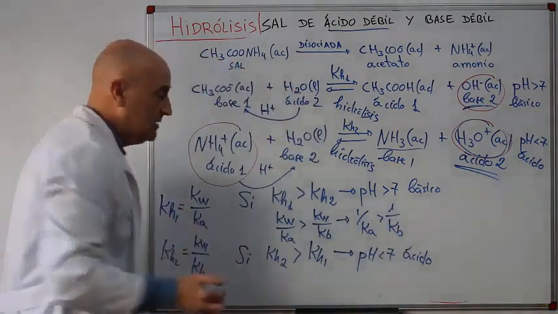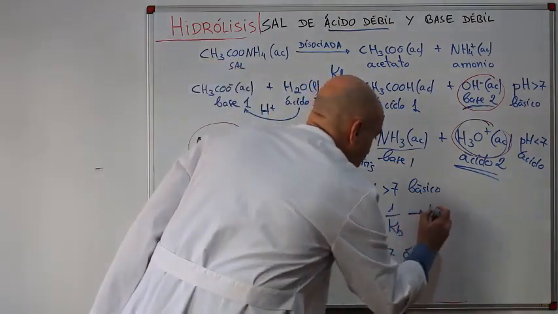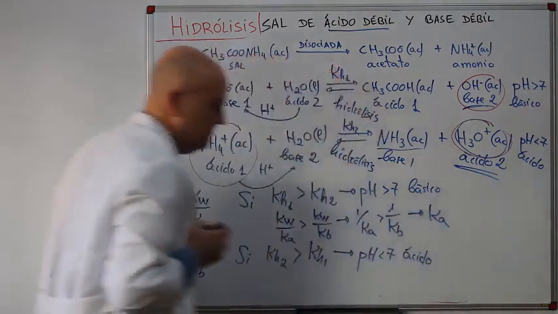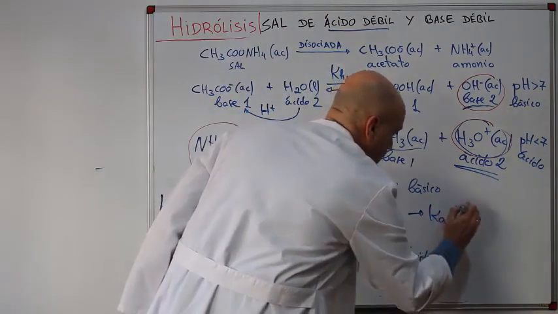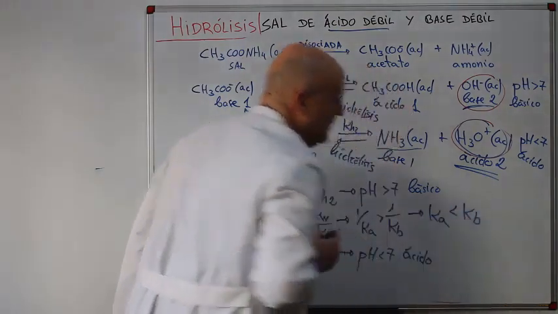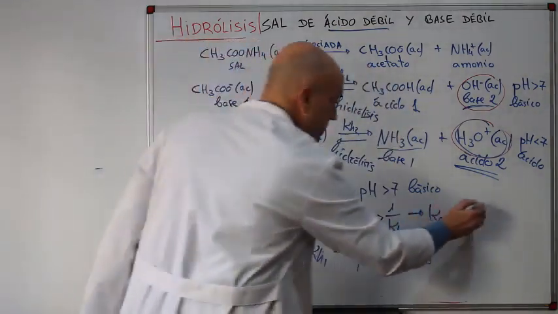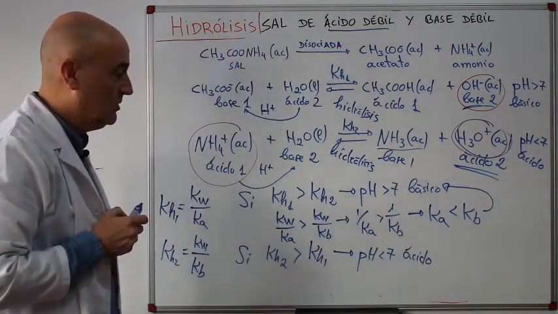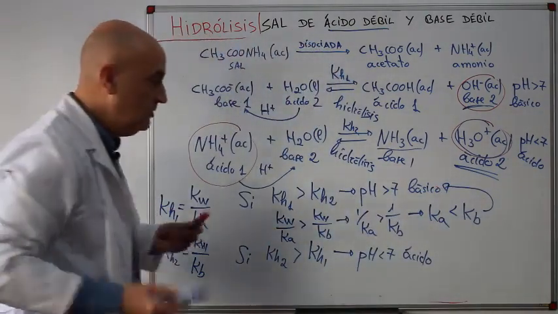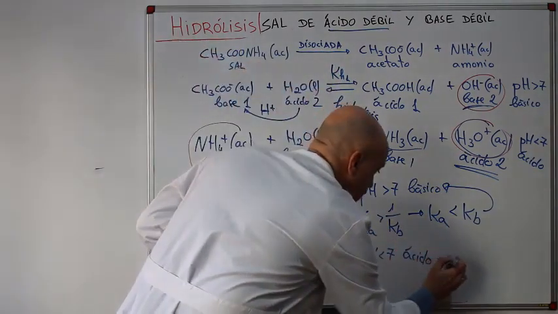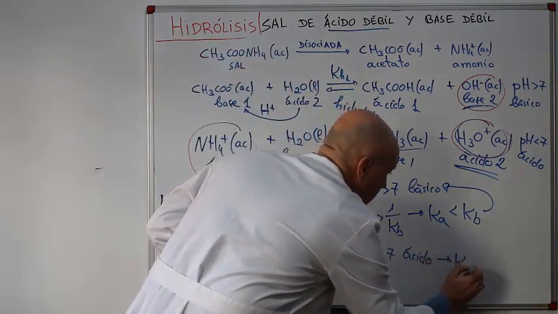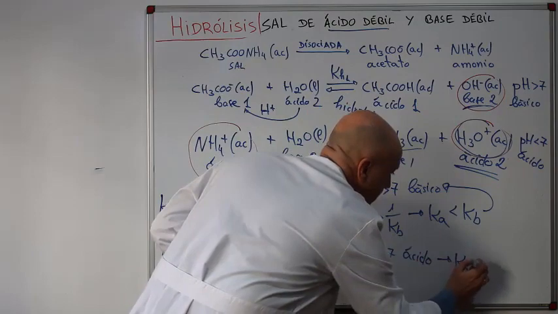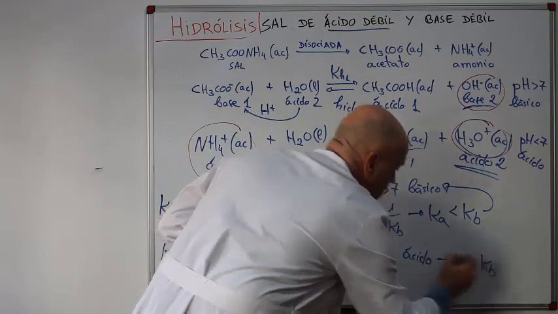If we flip it, the acidity constant must be lower than the basicity constant. If that happens, I've got it clear: basic pH. The same applies if the acidity constant is greater than the basicity constant, with the opposite result.